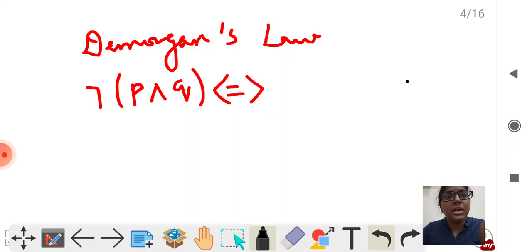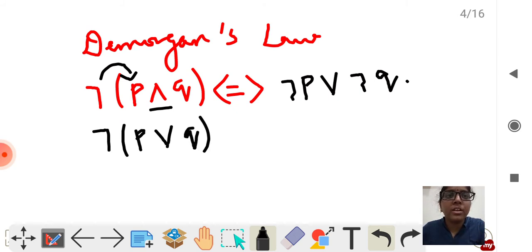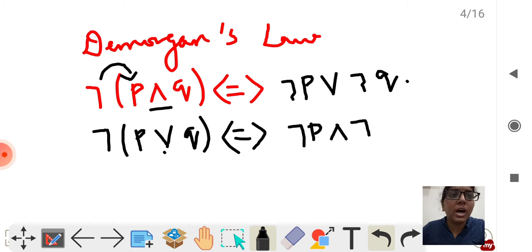The second law is negation of P or Q, which is logically the same as negation P and negation Q. So these two are De Morgan's laws. They may ask you to draw the truth table for these laws. In that case, you know the law, and you have to draw the truth table for these statements.